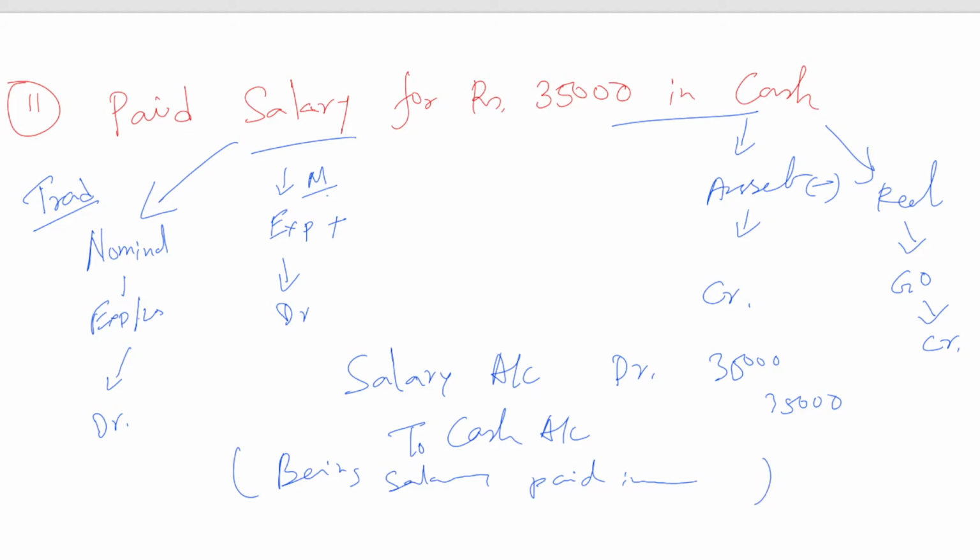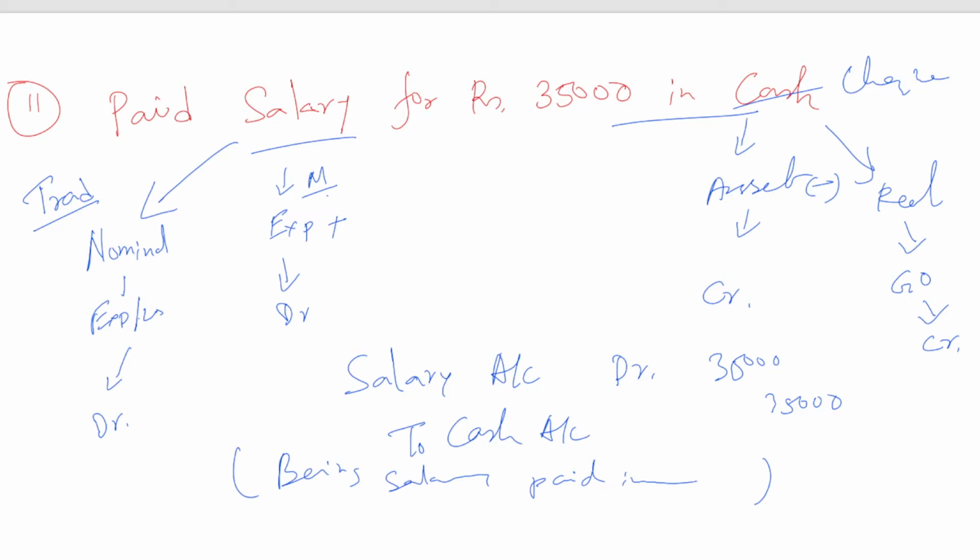Now, what will be the journal entry for the same entry if it is paid by check instead of cash? We will write salary account debit to bank account. Correct, JPL Reddy madam.